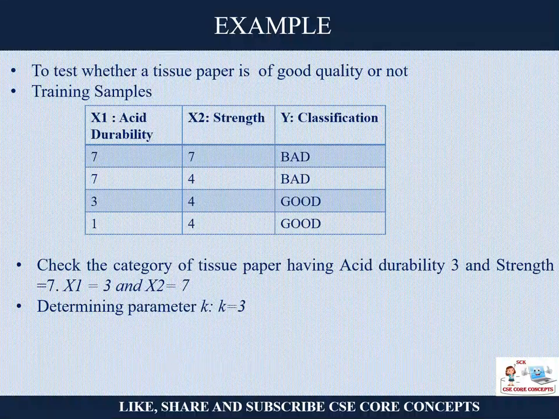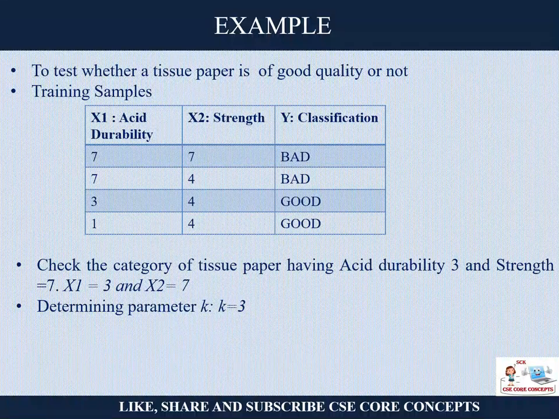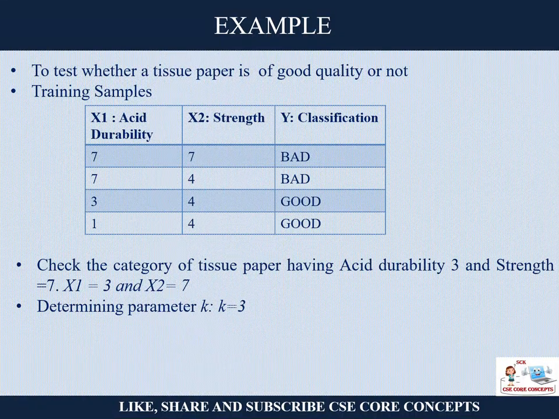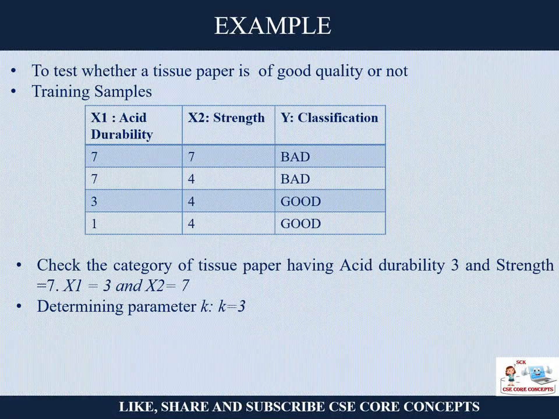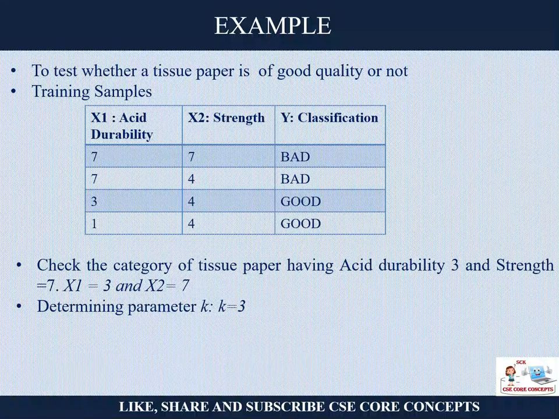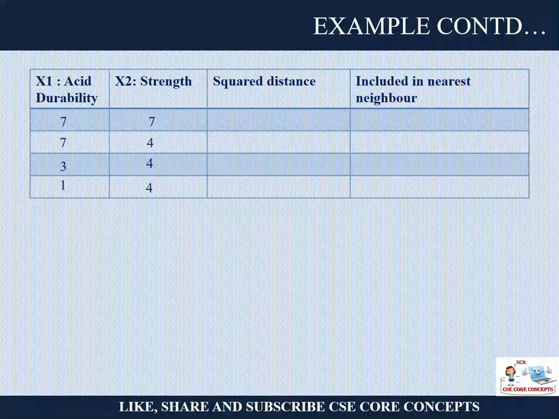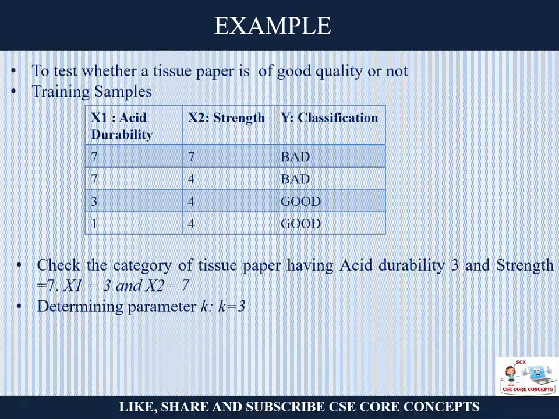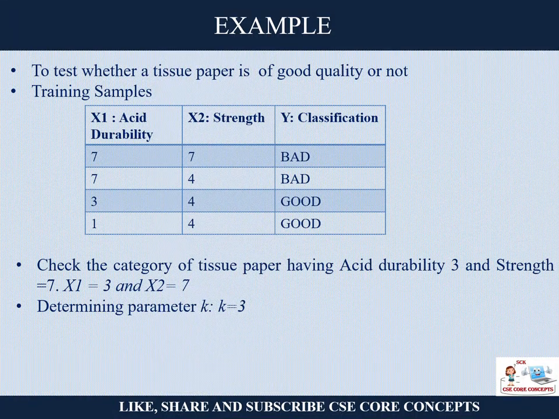Now we have to give the value of k. K means how many neighbors you want to consider while determining the class of the test data. So let's say k equals 3. I want to consider only 3 neighbors to determine the class. So what you have to do is find the distance between this test data and the training data.